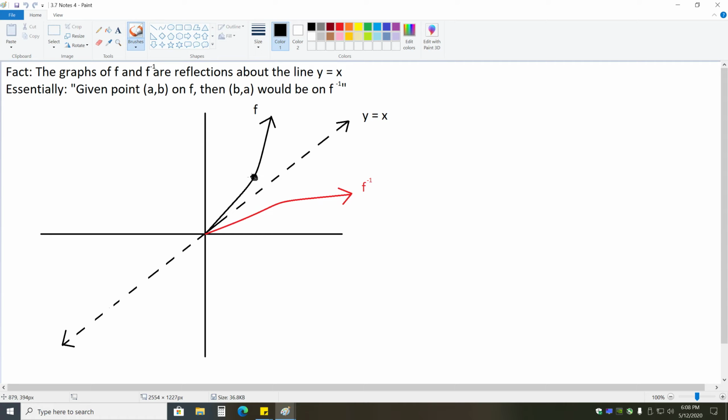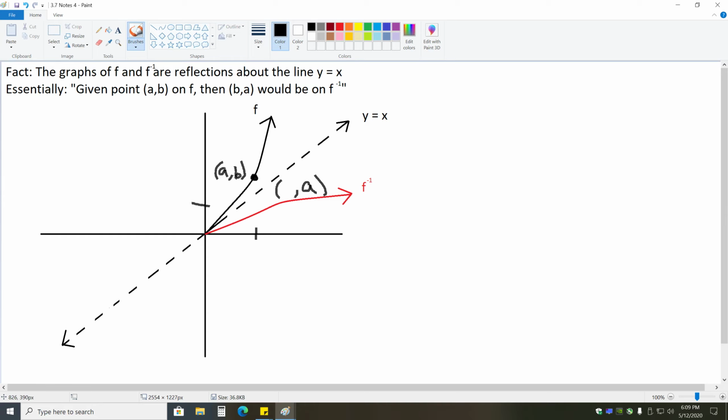So if this is the point a comma b on the graph of f, now that x value of a becomes the y value a. So this distance on the x-axis now becomes the distance on the y-axis.